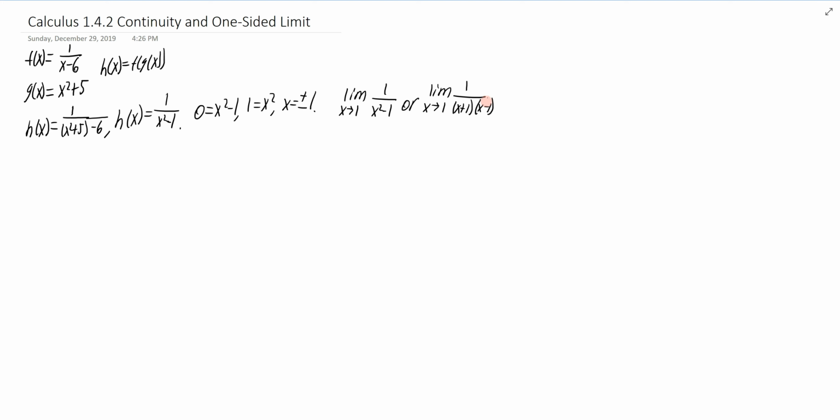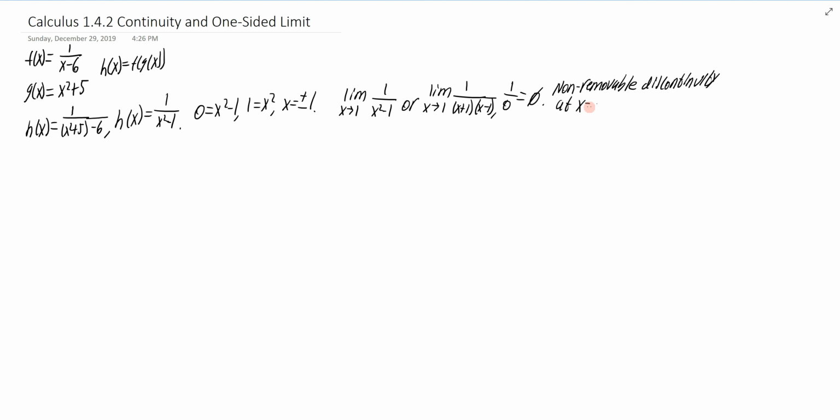Regardless of which one we put in, we're going to get 1 over 0 if we put 1 in for that variable x. So regardless, we get 1 over 0, which is undefined. So we know right off the bat that there is a non-removable discontinuity at x equals 1.